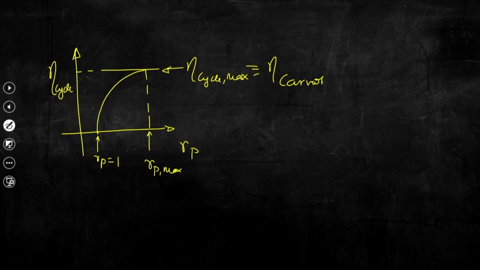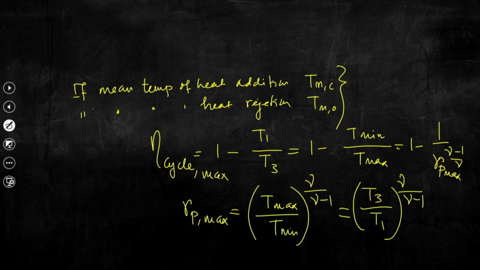Now, the question is, it is really difficult to achieve a Brayton cycle efficiency equal to the Carnot efficiency, because the Carnot cycle is one of the most important ideal cycles. So, the next objective should be, since it is not possible to get Rp max, what would be the optimum value of pressure ratio for which the cycle efficiency will be maximum?